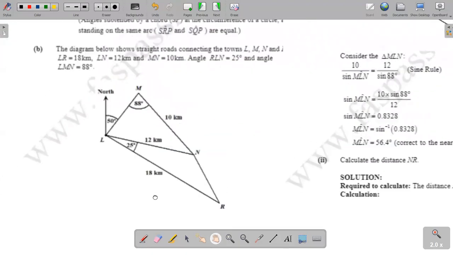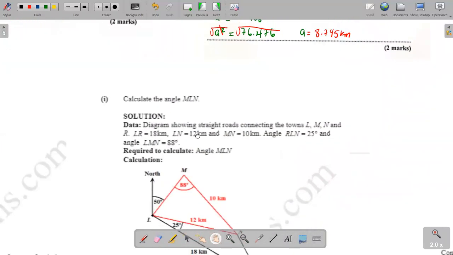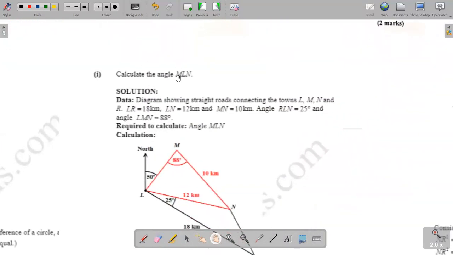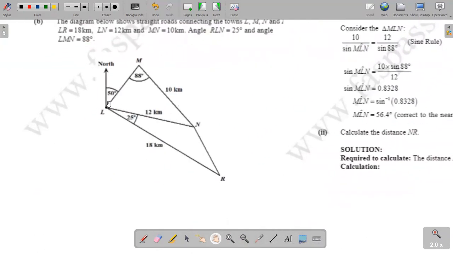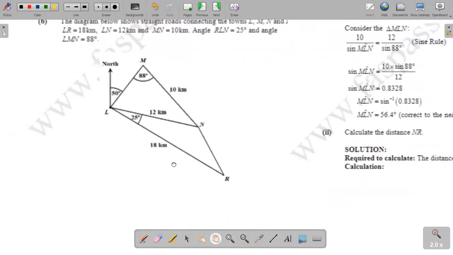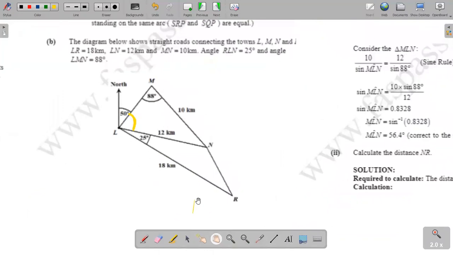Okay. So everybody see what's going on, right? So let's read the first question. The first question asks us to calculate MLN, the angle MLN. So that's this angle in here. Question for everybody. Do you know how to do that?